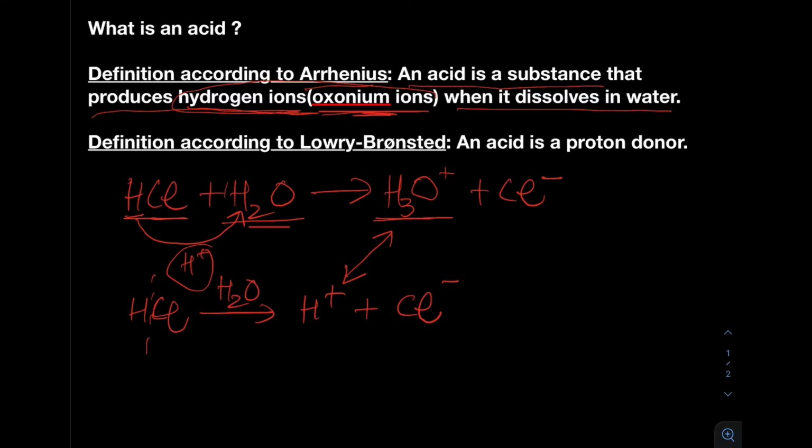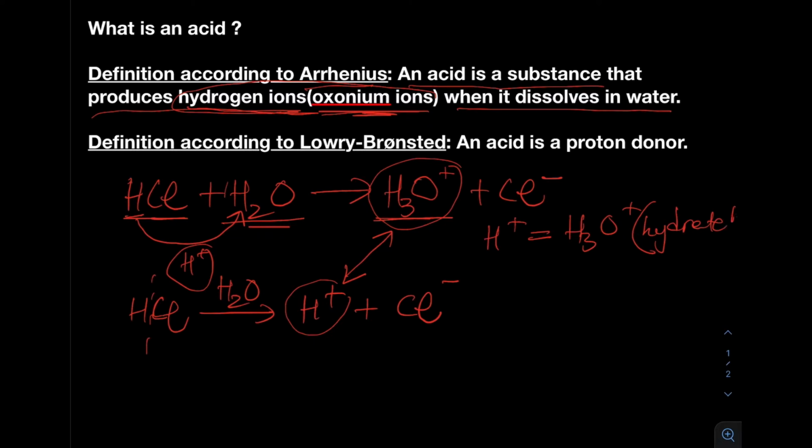This is a hydrogen ion, this is a hydronium ion. It's the same thing. The difference is that H plus is equal to the hydronium ion, but this one is a hydrated one. That means it's in the presence of water. They are the same thing, right?